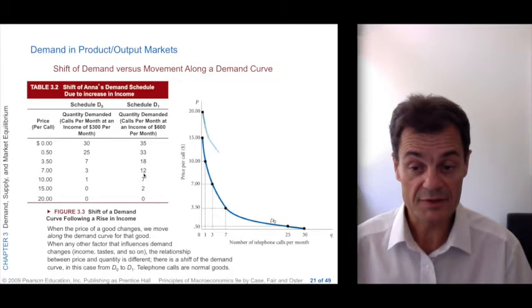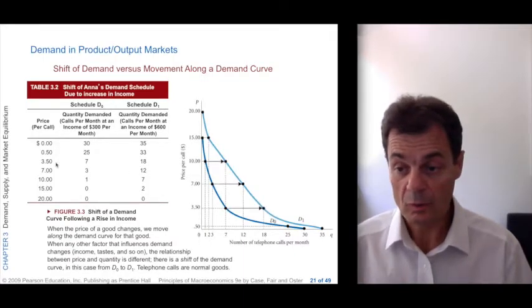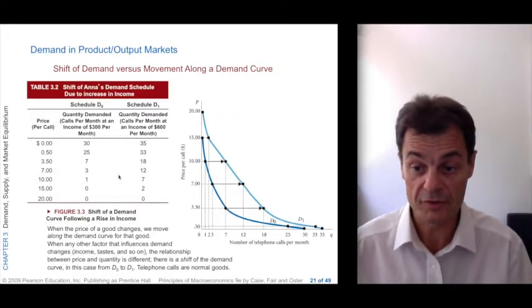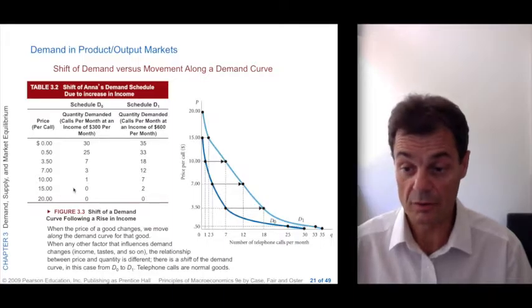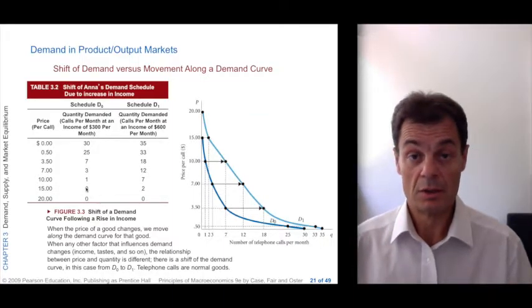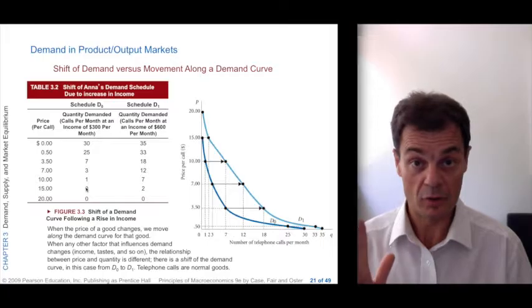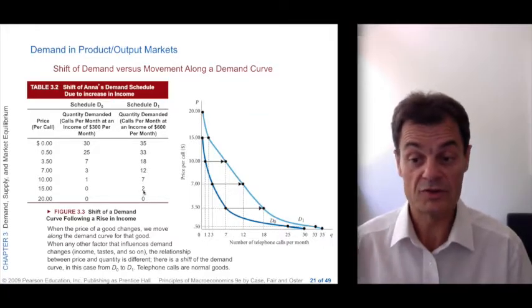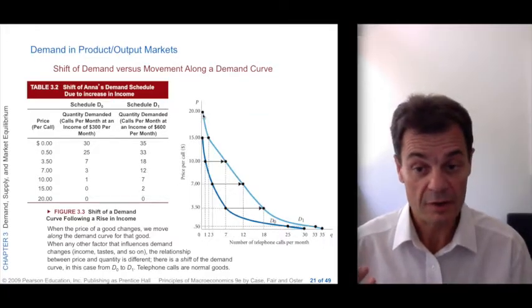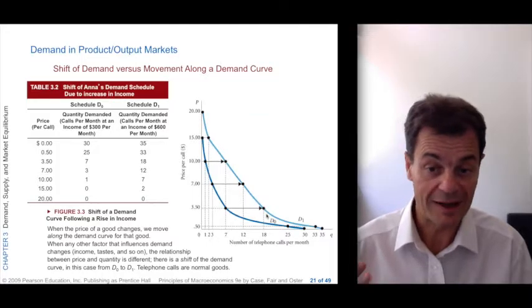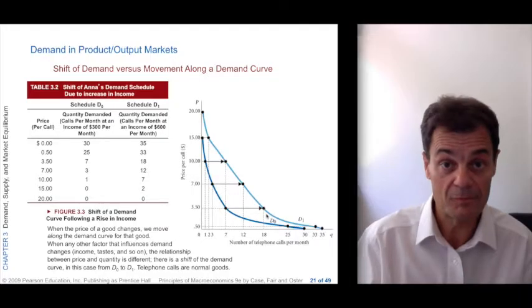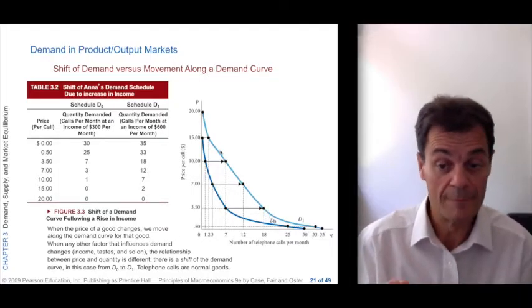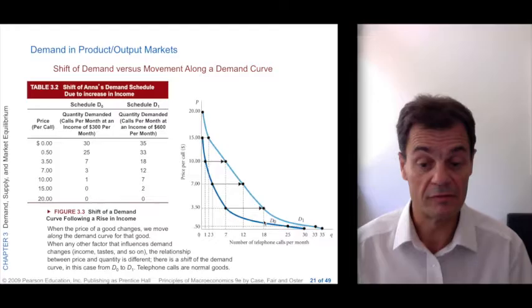And we can see here that now, whereas in the past for $7 she would only afford 3 calls, now for $7 she affords 12 calls. And for $15 she used to abstain from calling altogether. Now at $15 she can still afford 2 calls. Now we can see here that the demand curve has shifted to the right because of other factors than the price alone impacting the behavior of the consumers.